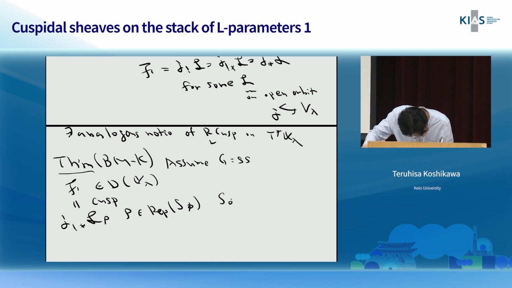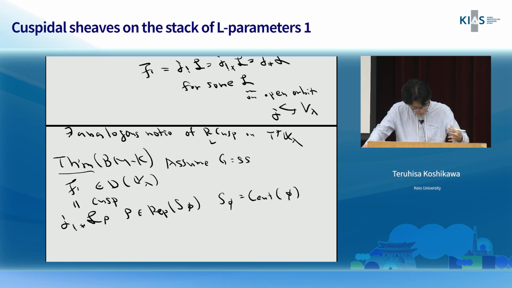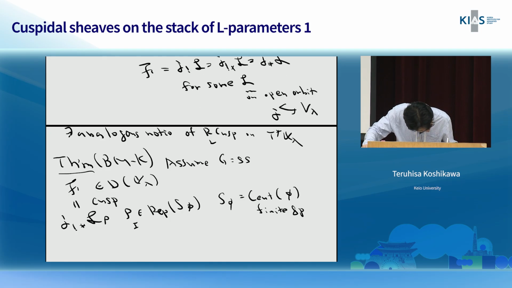S phi is the centralizer of phi, this pair lambda n. Okay? And this is a finite group.